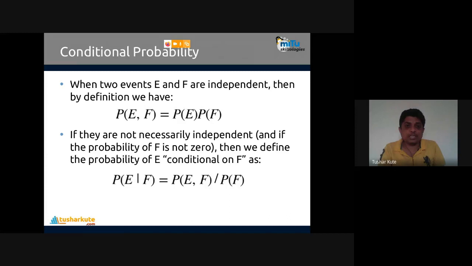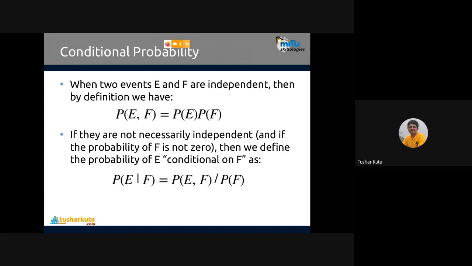Using this concept of dependency and independency, mathematicians, statisticians, have derived a concept called conditional probability. Conditional probability, and how it is denoted, that we will solve.